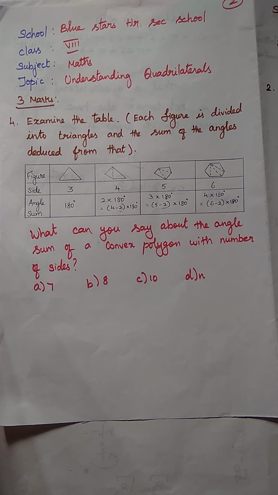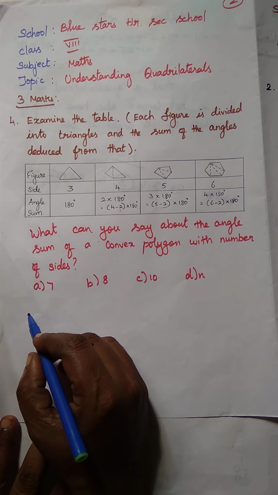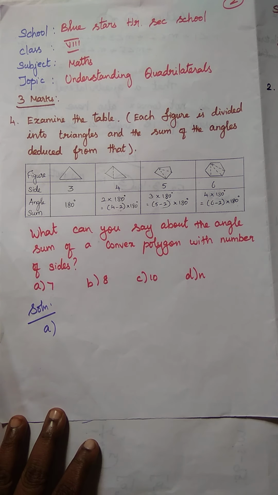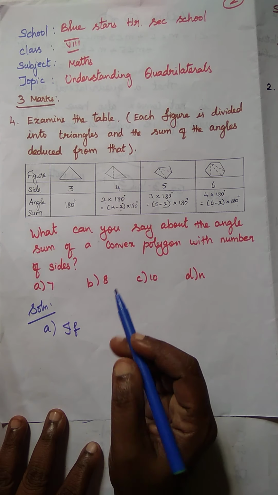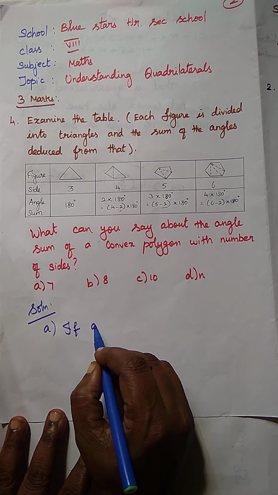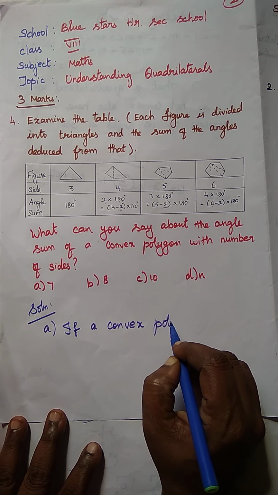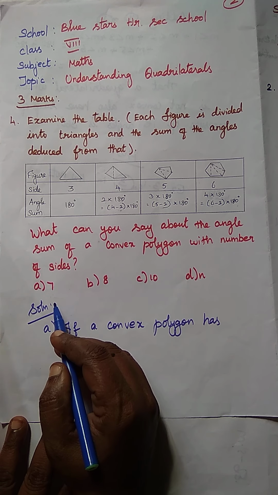We write the solution. First, the answer for option A. It is given that it is a convex polygon. If a convex polygon has how many sides is given in this question? 7.